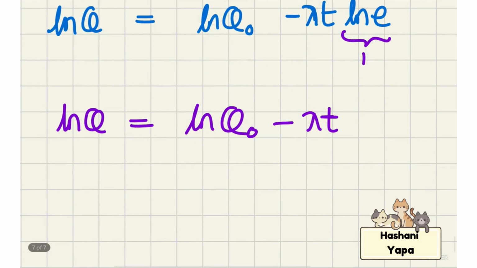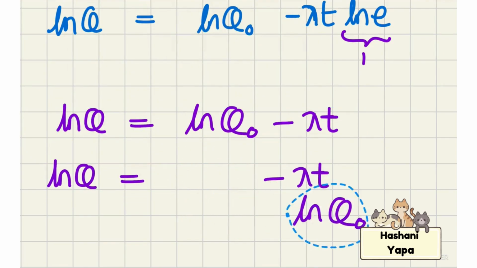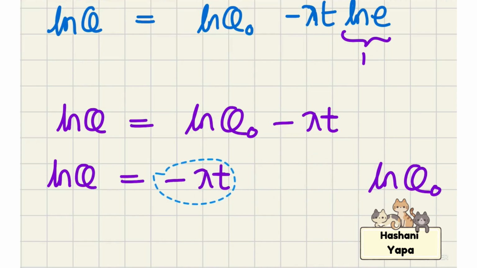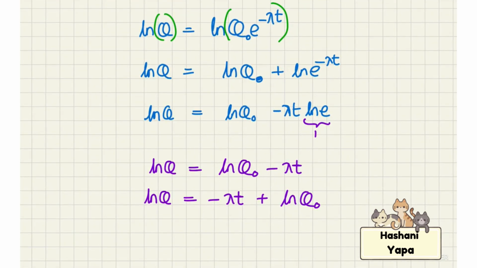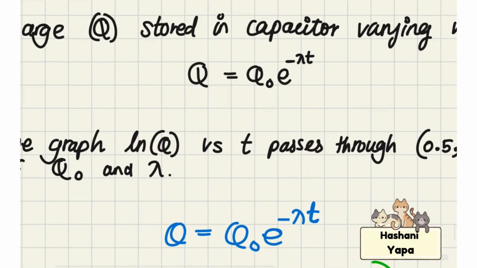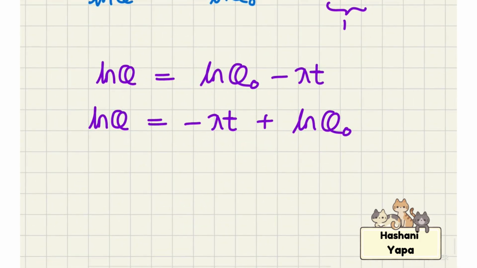If I rearrange this, ln q equals minus lambda t plus ln q naught. They say the graph, but what is the graph that they have drawn? ln q versus t.